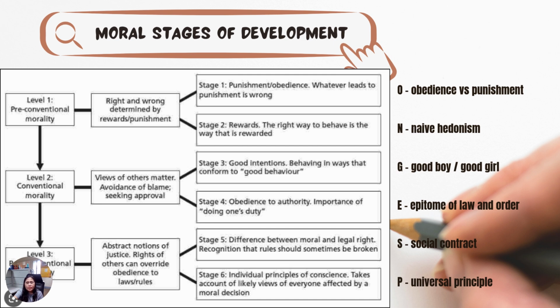Therefore, in every action that we do, it is very important to reflect: based on my action, what moral stage does it reflect? Because as teachers, it is very important as well to empower our students not to act just out of fear or obedience, but of course to reason with conscience.